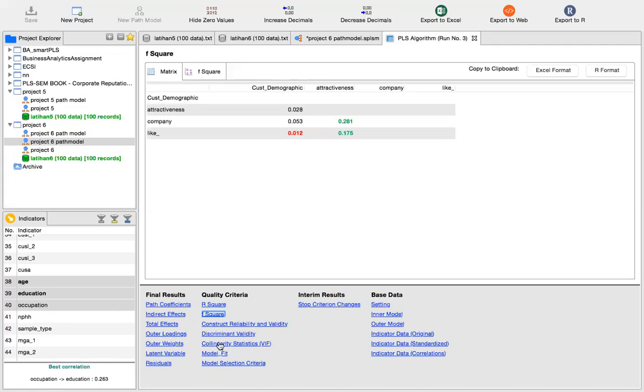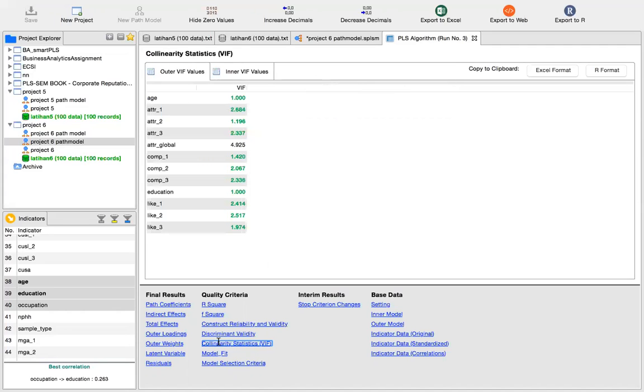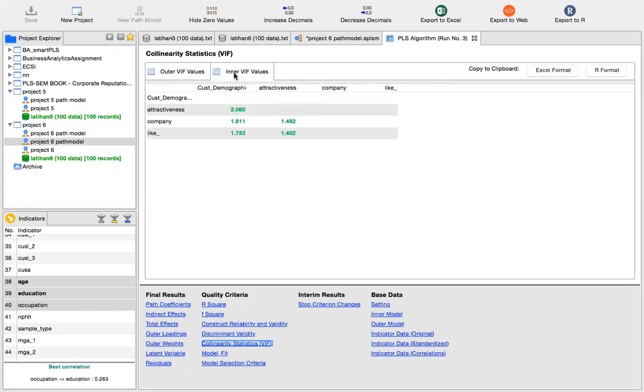Next, we'll check the collinearity statistics. In this VIF, the value must be between 1 and 3, both in the outer and the inner values. The VIF, or the variance inflation factor, is normally used to evaluate collinearity of the formative indicators, and it should be between 1 and 3 or lower.